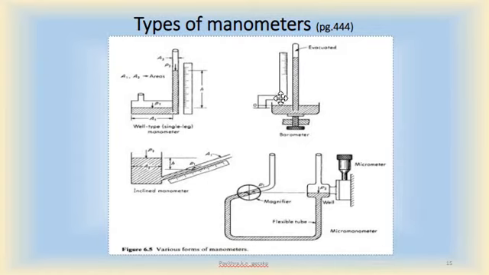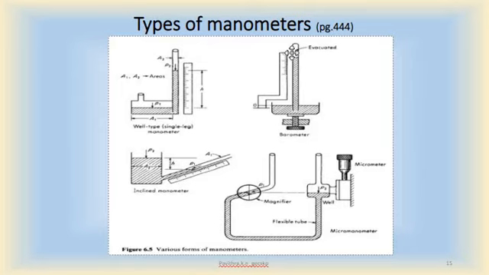So here if one tube is at zero absolute pressure, then the height of the liquid level in the other will give the pressure which we need to measure, or the absolute pressure which we require. So this is the principle of the barometer.